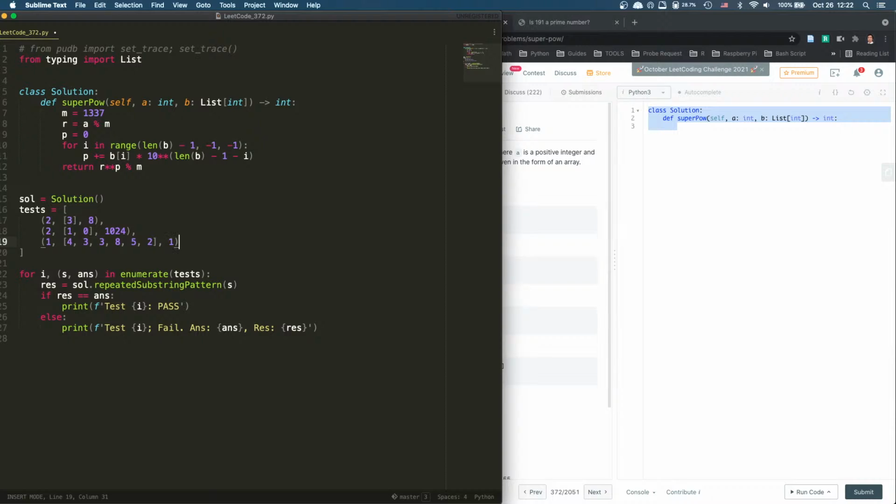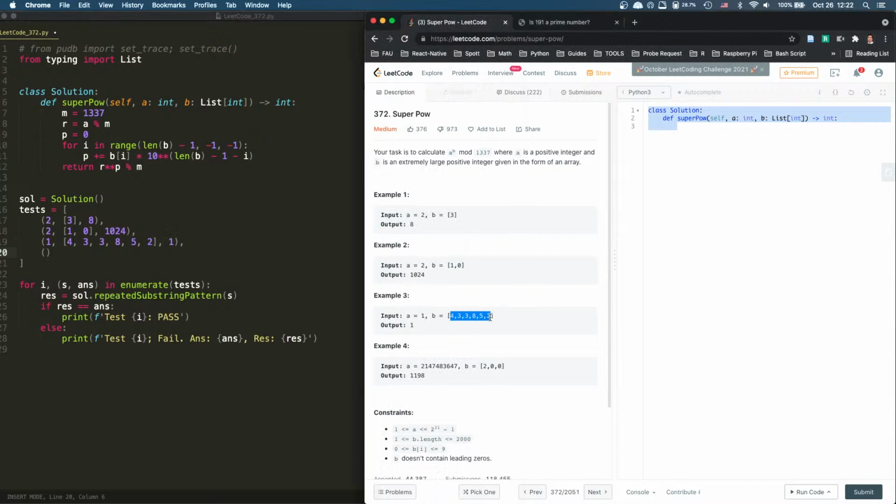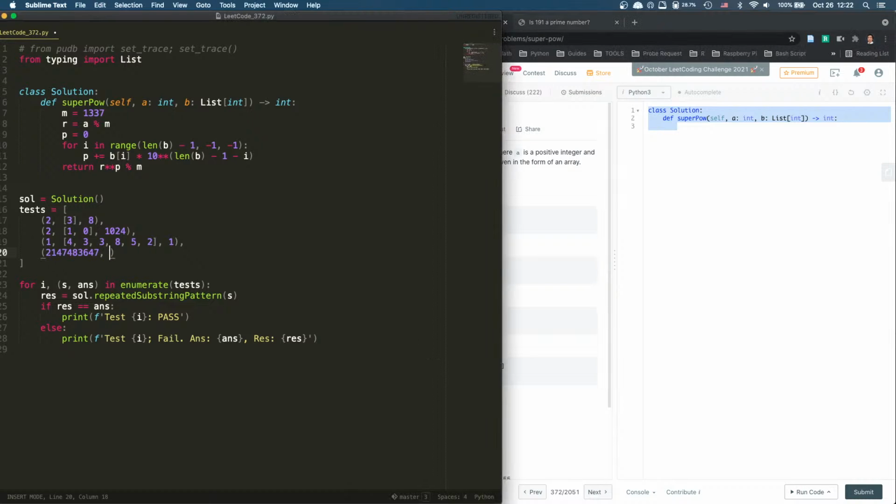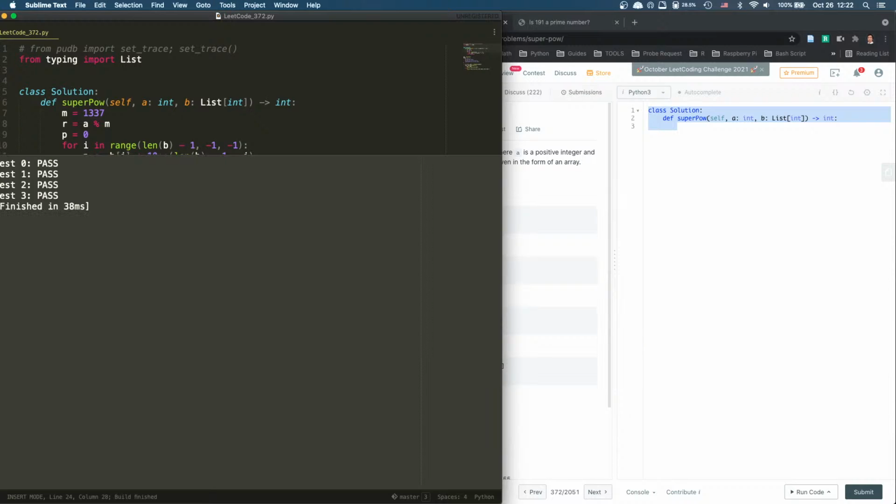This one will be 1. And the last one is 2 to the 31st minus 1 and 200's power. So we don't do 200 power. We actually do a smaller value, right? So we have a, superpower b. Yep.